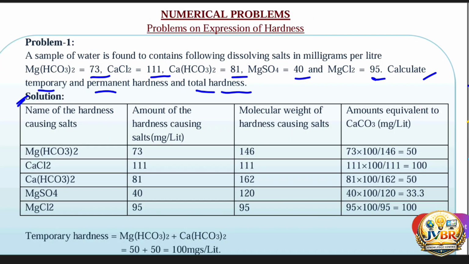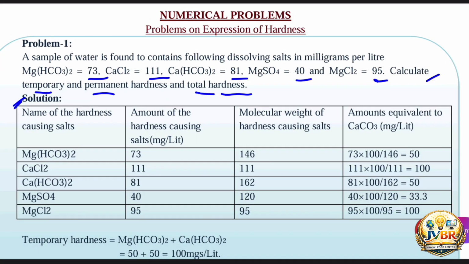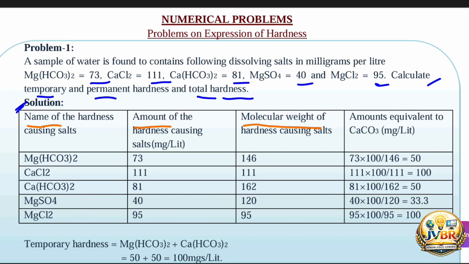In the solution, I have given a tabular form. In the first column, I wrote the name of the salt. In the second column, the amount of the salt. In the third column, I have taken the molecular weight of the salt. In the fourth column, I have applied the formula.